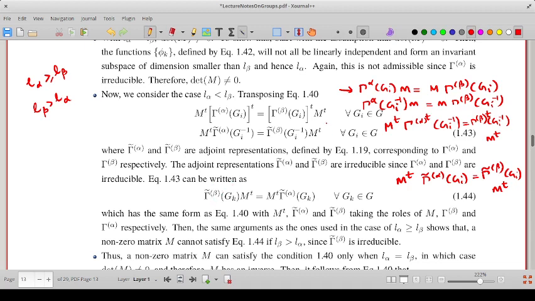So now this is similar to this equation, and the condition L alpha greater than or equal to L beta here corresponds to L beta greater than or equal to L alpha over here.